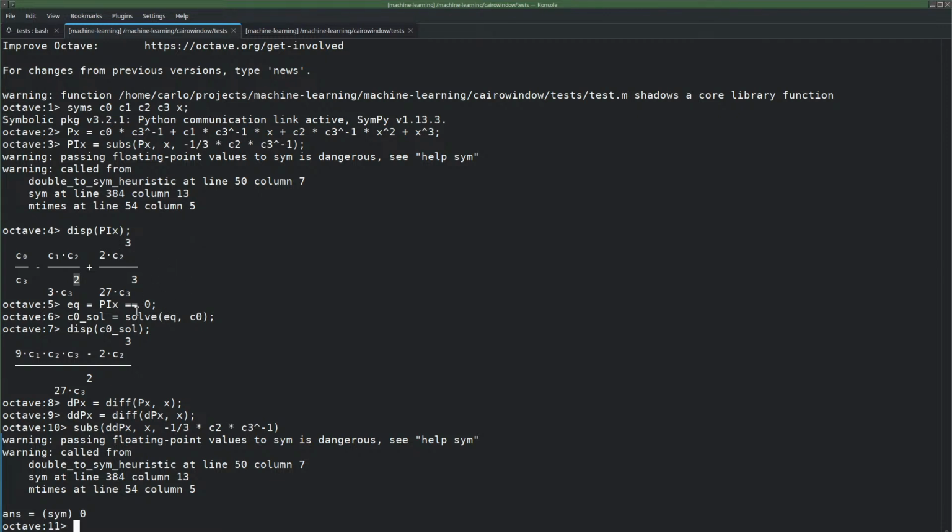So they do match up. This doesn't match up though. Oh, but this is a C0.